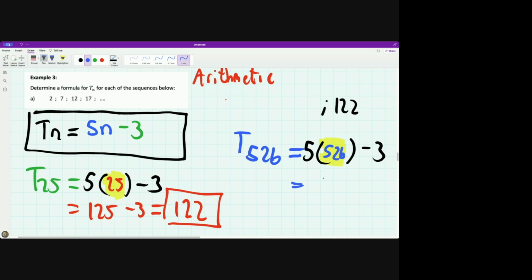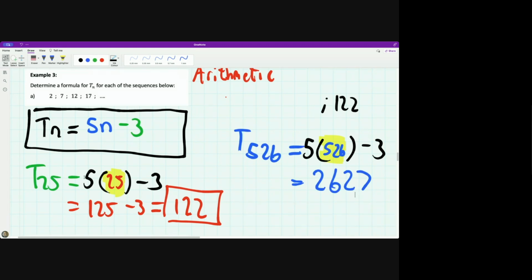But now I need a calculator to multiply this times this minus 3. And I get 2,627. So this is quite a powerful thing, because I can just work out basically the value of any term once I know the number pattern.